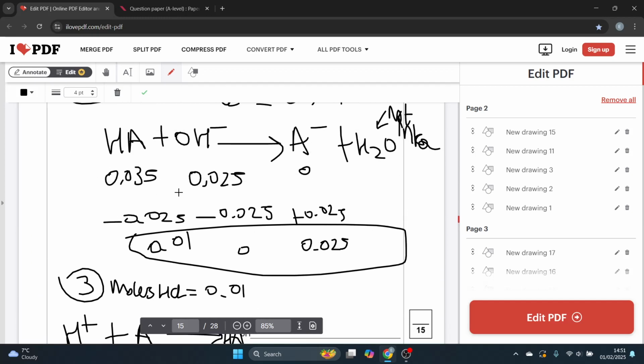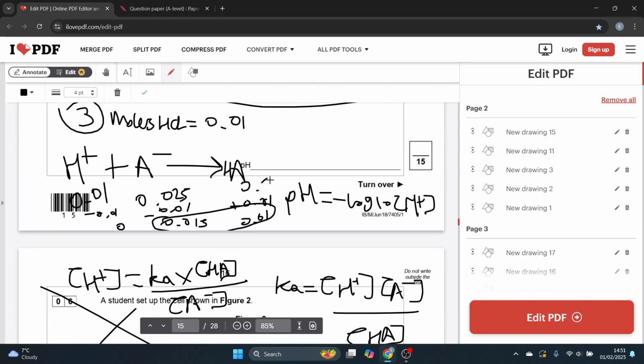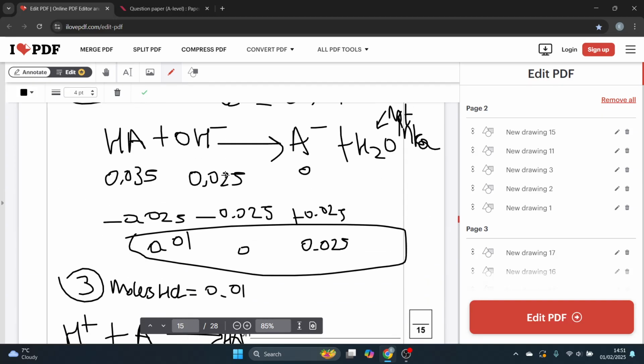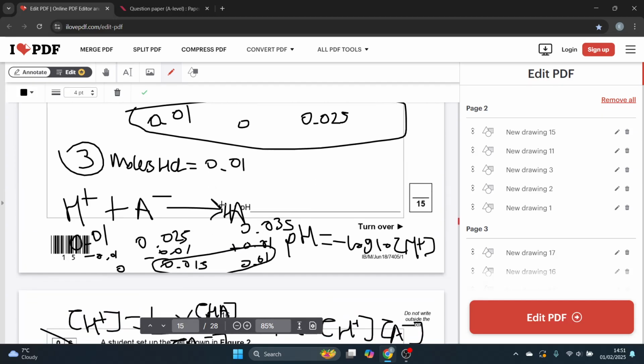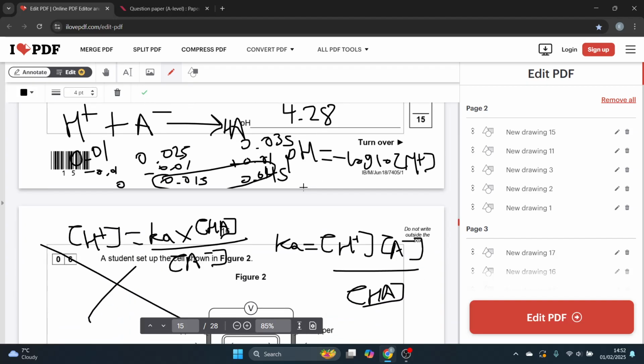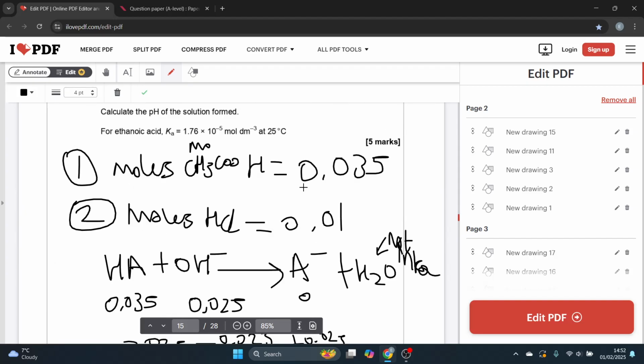Oh yeah, HA is 0.035 originally. I already had that from part A. So then I add 0.01, so I get 0.045. That was a mistake I made. And then you substitute the values in, and then you should get 4.28. And let me just double check that's the only mistake I made.